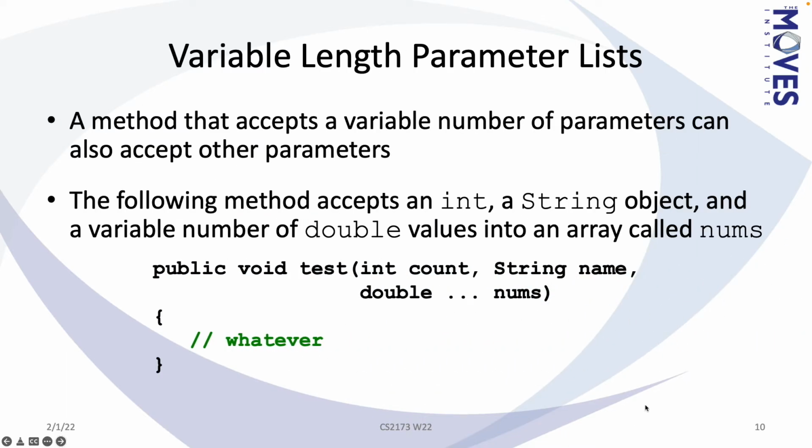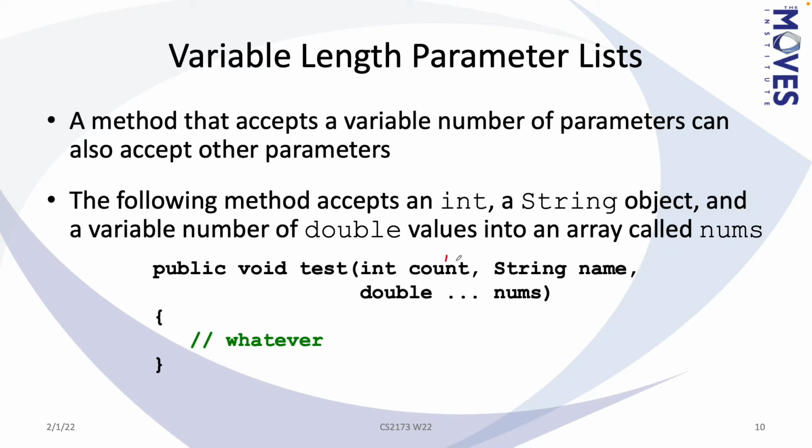Okay, here's the thing to remember about variable argument lists. If you have more than one argument, you're only allowed to have one variable argument, and it has to be the last one in the list. That's the rule. So you can have other things, but the variable one must be the last one.